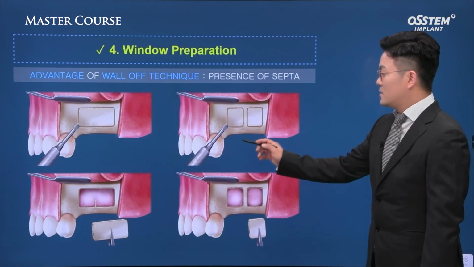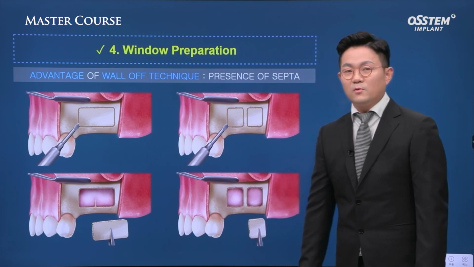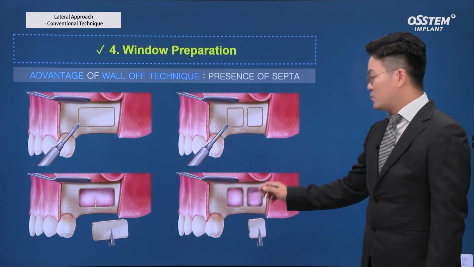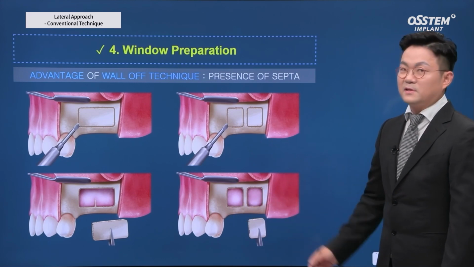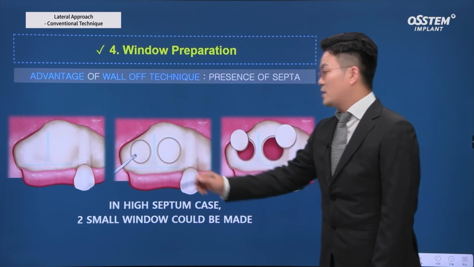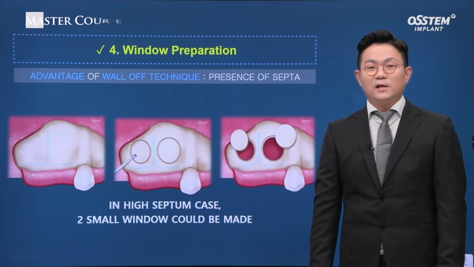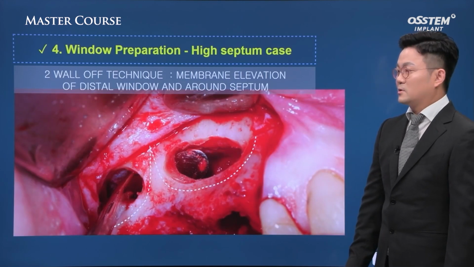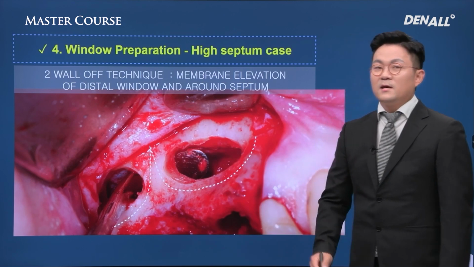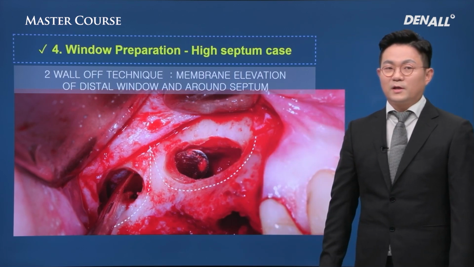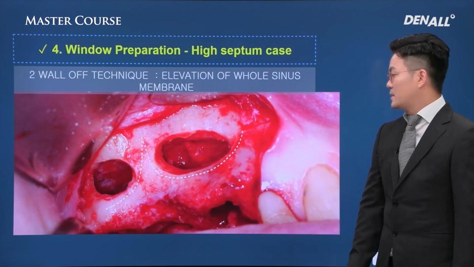And another advantage, even if there's a septum inside, you can avoid the septum in making windows. And a septum, if it's long, then on the upper front side or the back side, you can separate them in surgery. And if there's a big septum like this, you can detour it and dissect it and meet in the upper part.